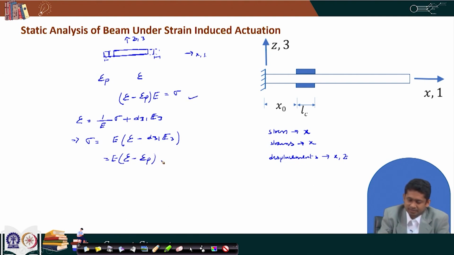So, this is what it is. We will be using this several times in our analysis in this one dimensional form.